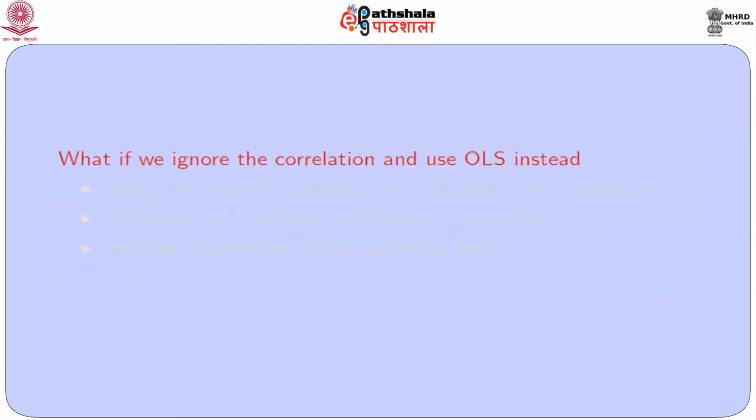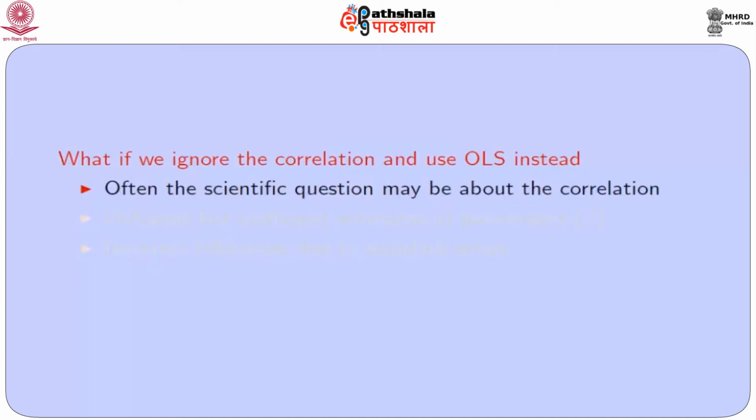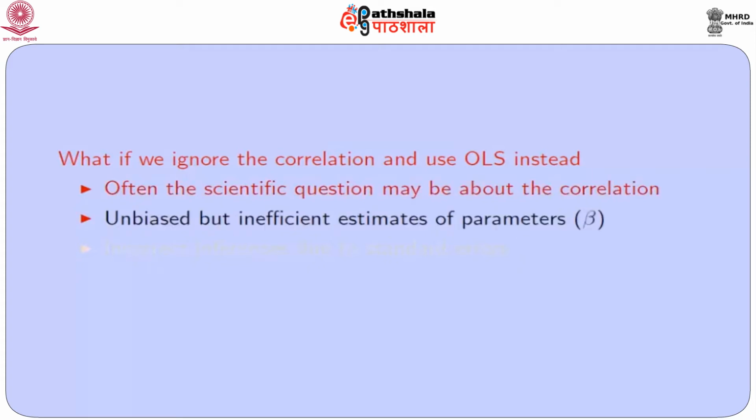But still, if we ignore the correlation and use least squares instead, the first thing is that sometimes in scientific inquiry, the correlation may be of importance. Secondly, if we use the OLS estimates, then it would give unbiased estimates, but they would be inefficient in the sense that the precision of the estimates would be lost.